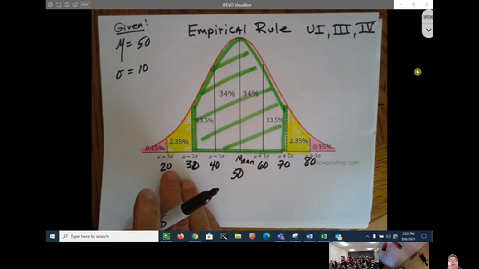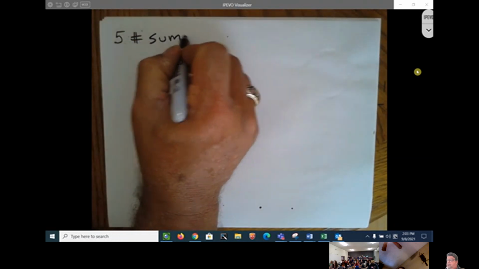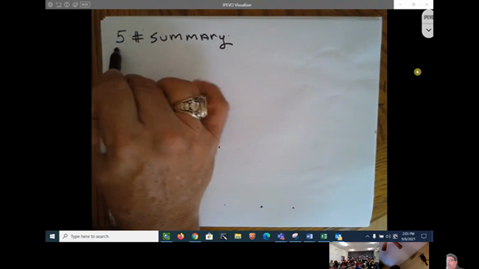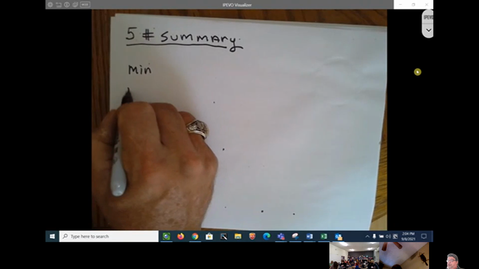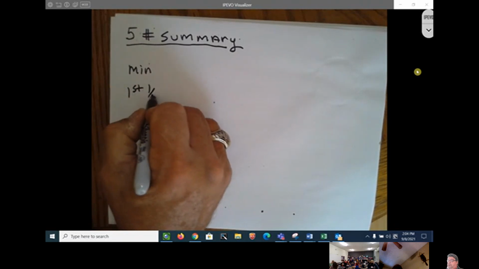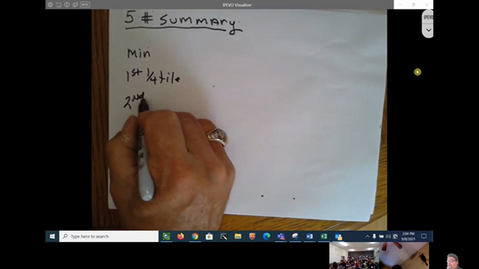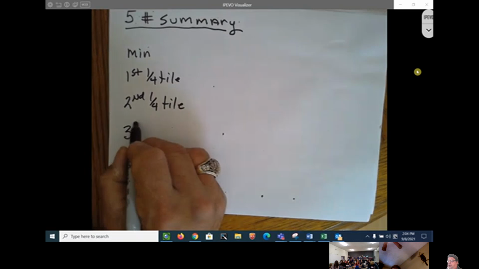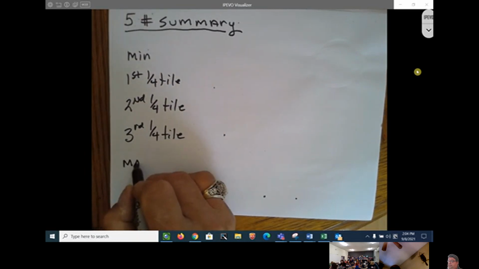The 5-number summary is based on the min, the first quartile, the second quartile, the third quartile, and the max.